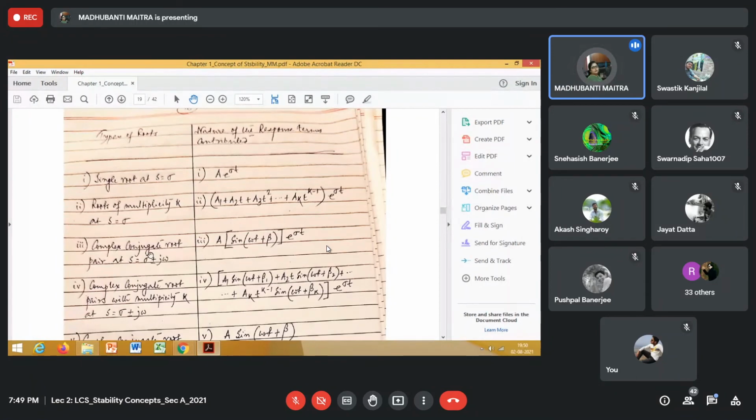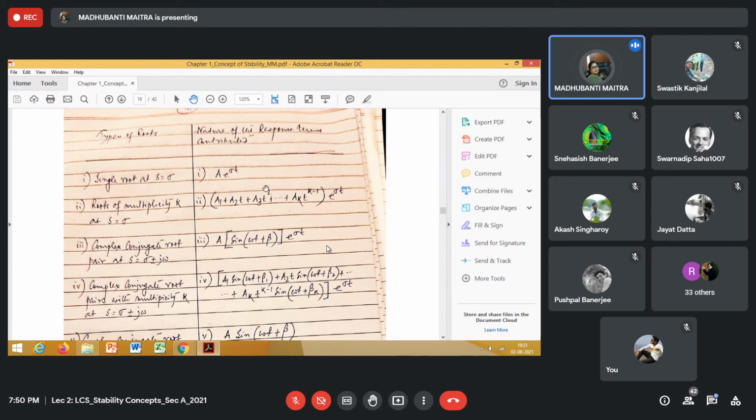So next we consider a complex conjugate root pair at s equal to sigma plus minus j omega. If the root is a complex one, then there has to be the conjugate pair. Because of this omega term, this frequency component, we will get at the output a sinusoidal function, sine of omega t plus beta.